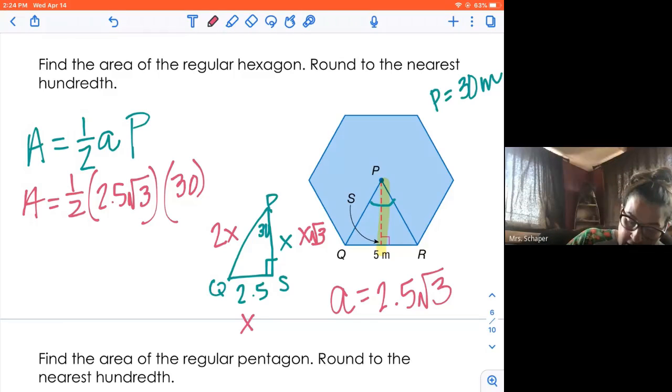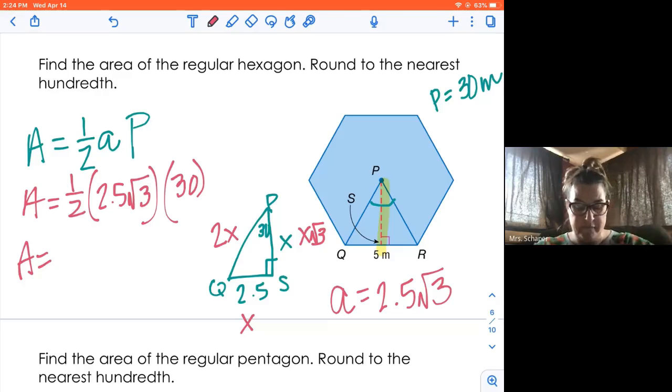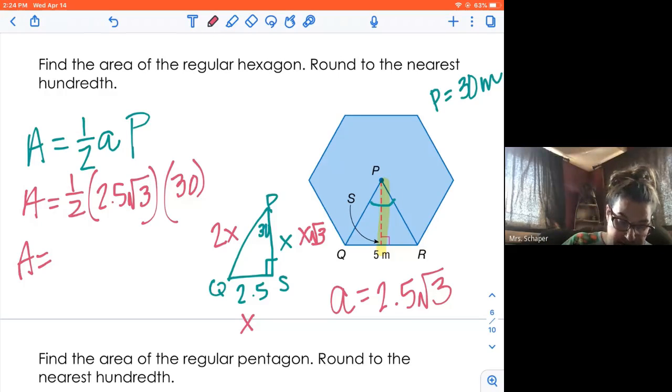So the area is going to be 2.5 times 15 times the square root of 3. To the nearest hundredth, the area is going to be 64.95 meters squared.